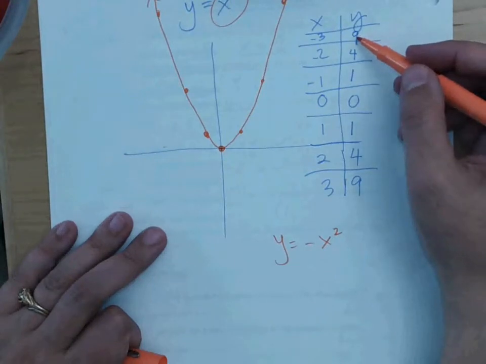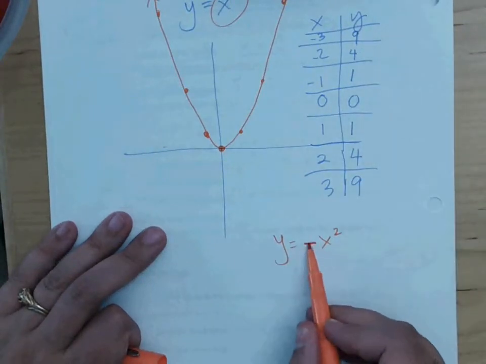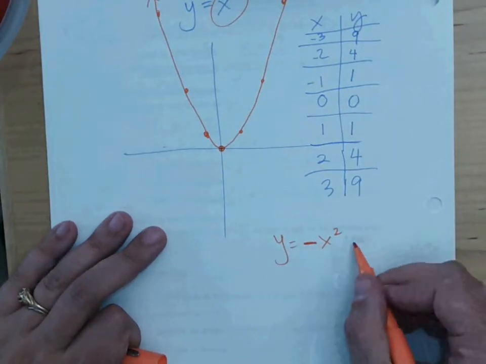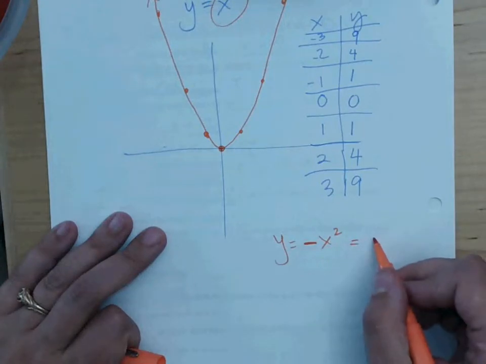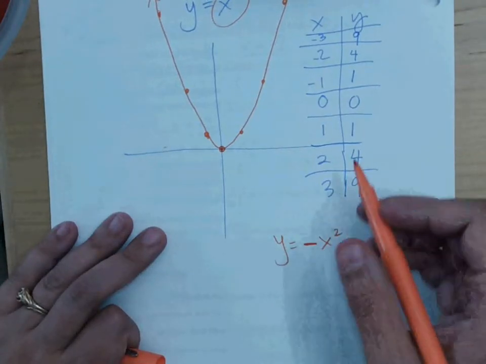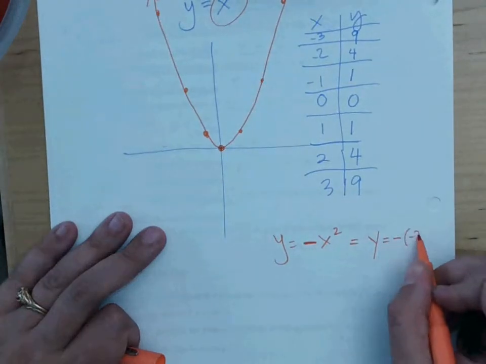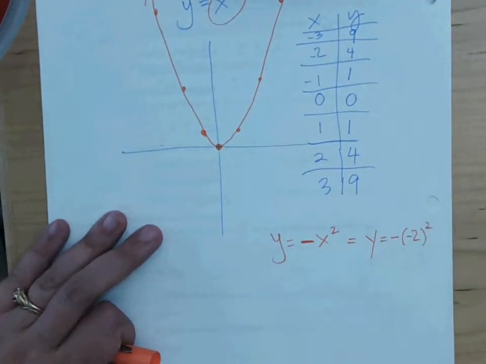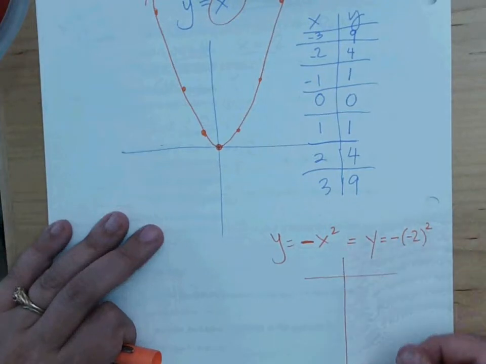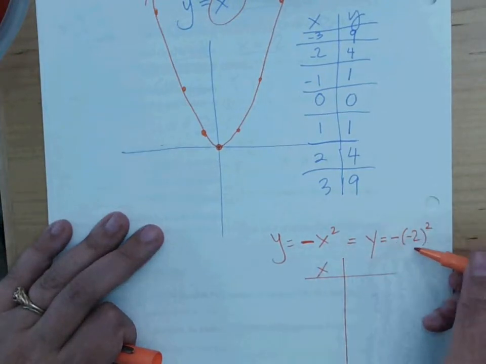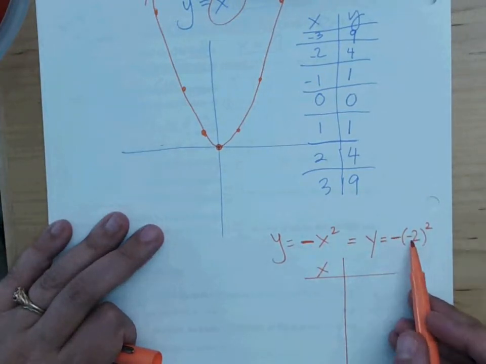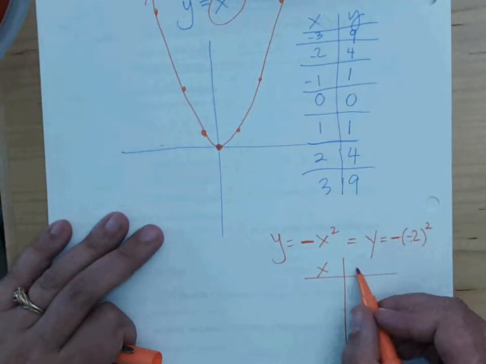Now, if I were to make it y equals negative x squared, it would take all of these values, and because I'm not squaring the negative, it looks different. If I plug in -2, I get negative 2 squared. What is that? It's actually -4 because you would square the 2, and then make it negative.